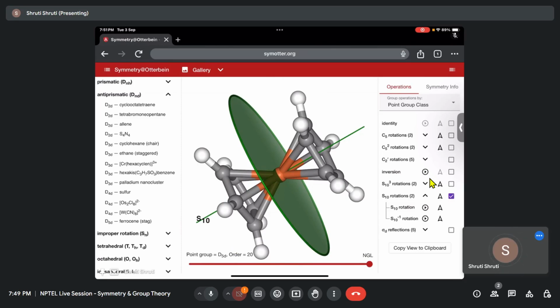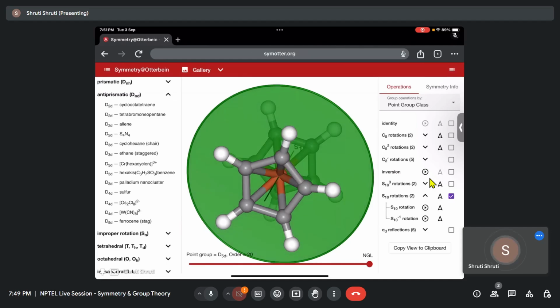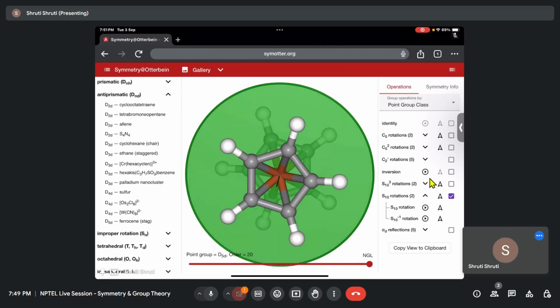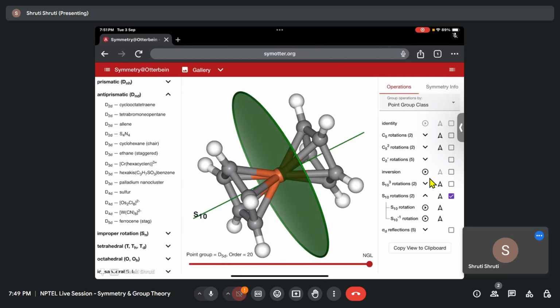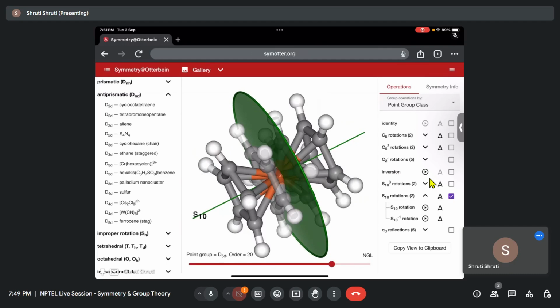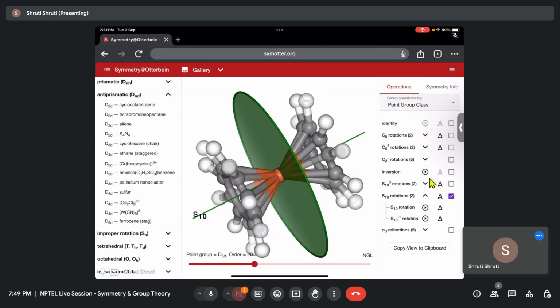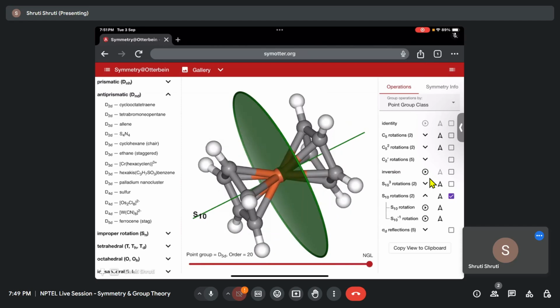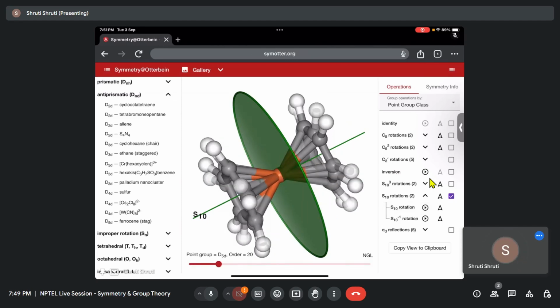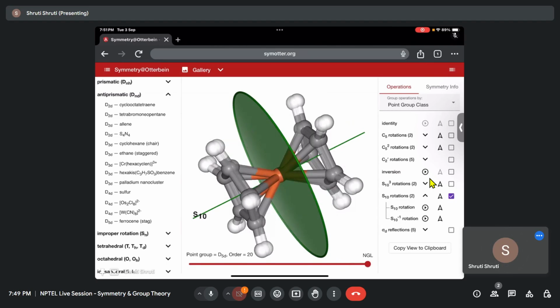So it is rotation by 36 degrees and then reflection. It is there both sides, clockwise and anti-clockwise.